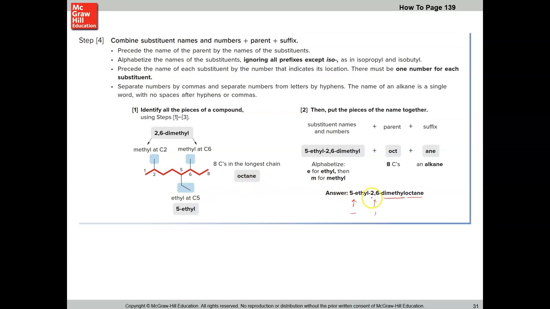So we then put that in front of the name. You have dashes between numbers and letters, and commas between numbers. So here we have the 5-ethyl, which is this group right here, dash 2,6-dimethyl. So on the 2 and the 6 carbon, we have dimethyl, and then the overall group is an octane. So we have 8 long, octane, with the ANE ending.